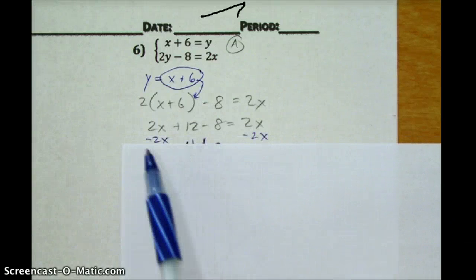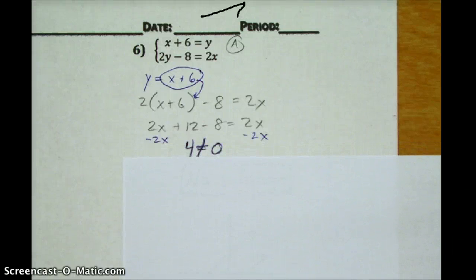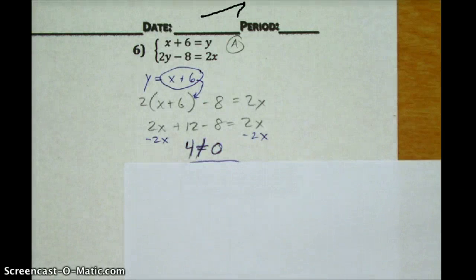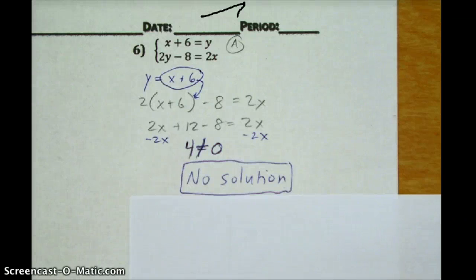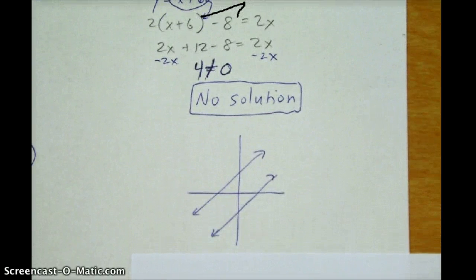After I subtract my 2x's from both sides, I find that on the left side of the equation I have 4, and on the right side 0. Those don't equal each other. And so that suggests to me that this system of equations has no solution. And we remember what a graph of no solution looks like: a set of parallel lines.